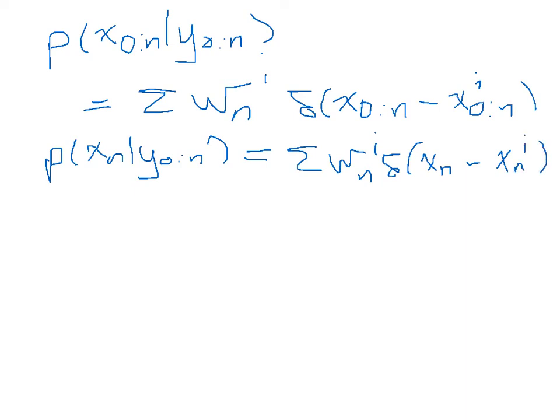And the problem that you're going to run into when you work on a multidimensional problem, where your state is of dimension more than 1, is that you'll have this weighted combination of impulse functions that are also in multiple dimensions. But if you want to look at the marginal distribution of just one element of the state, you can integrate out all the other dimensions of the state, and extract out the one that you're interested in.